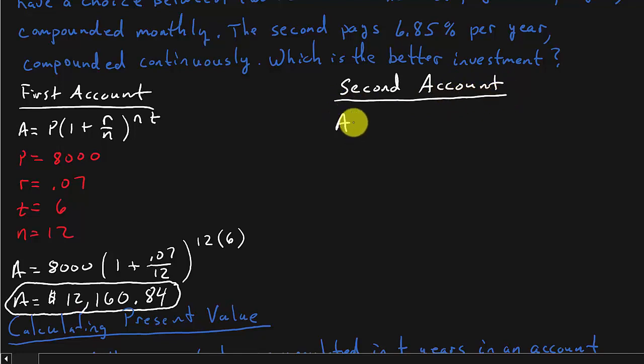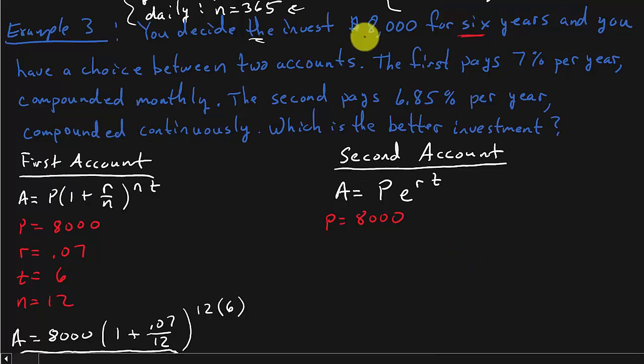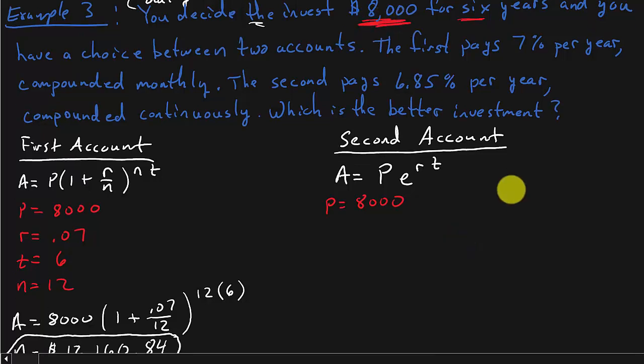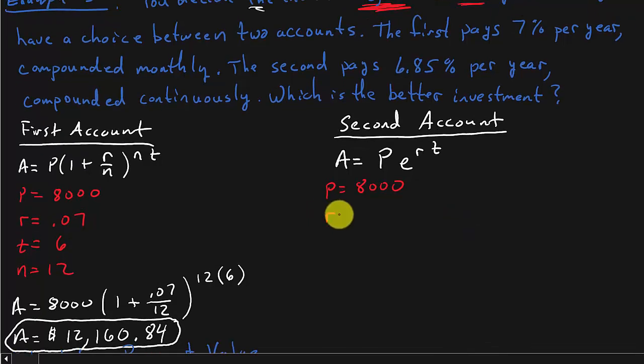So I've got A is equal to P times E raised to the RT. So for this, I need P. Well, that's 8,000. It's the same amount of money in both of them. R, now R is the one that changes. It says the second pays 6.85% per year.